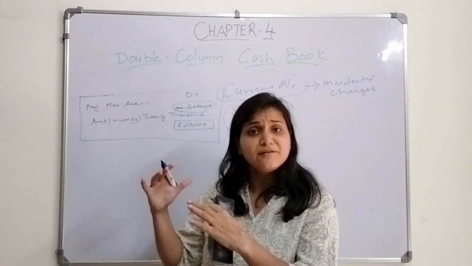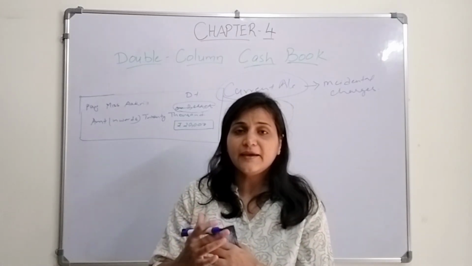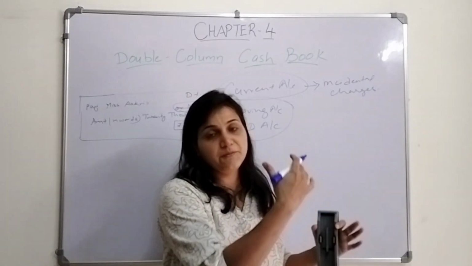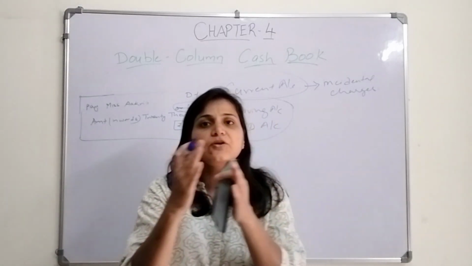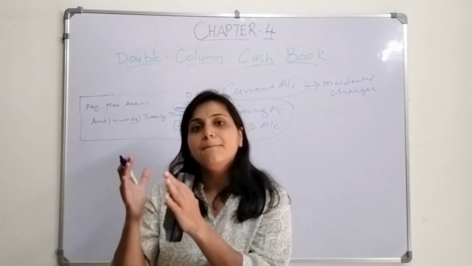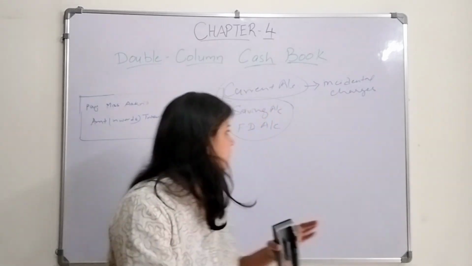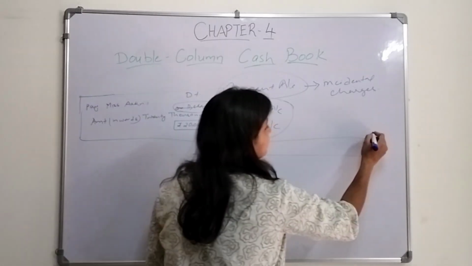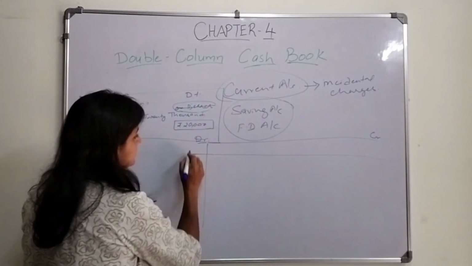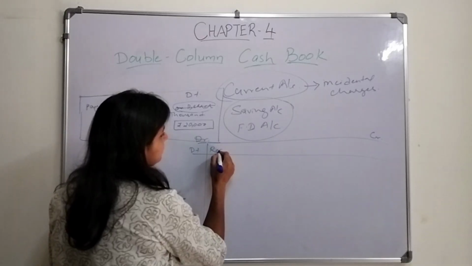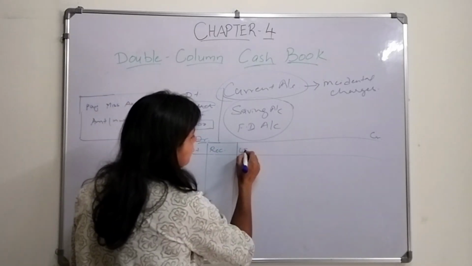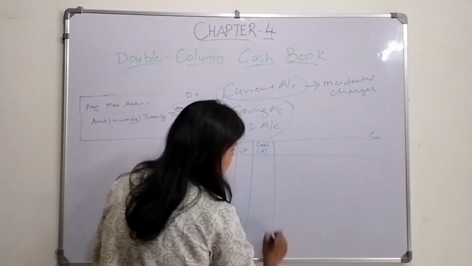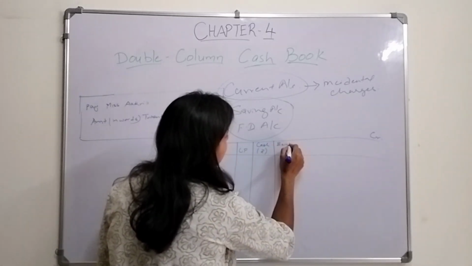Now there are numerous transactions happening in the bank. So what a business person will do is prepare, like the way we prepared a cash book, a separate column for bank transactions. Everything else will be the same: debit, credit, year, date, receipts, ledger folio number, cash in hand, and cash at bank.